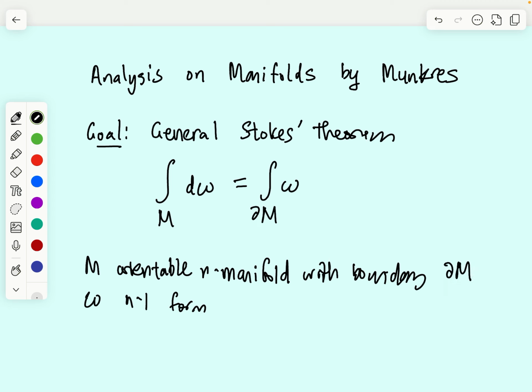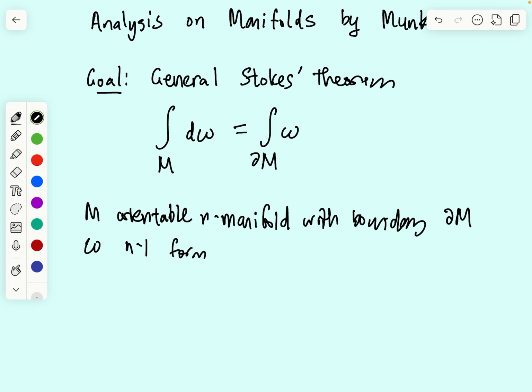So the boundary of M is this partial M symbol, and the generalized Stokes theorem says that the integral on the left is the integral on the right. Well, of course, to understand what this is even saying, we have to say a lot of things.